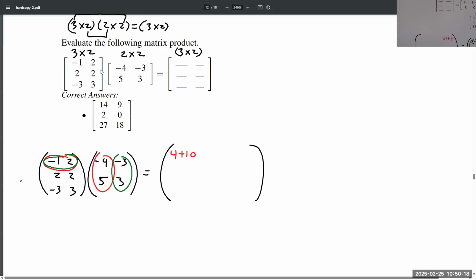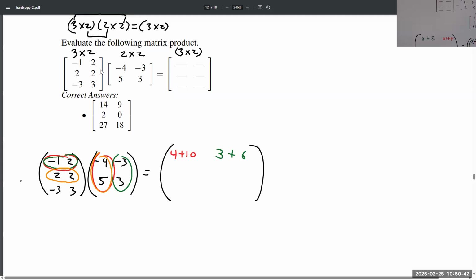This is first row, second column. So we multiply first row by second column. That's 3, and then plus 6. And now we want second row, first column.